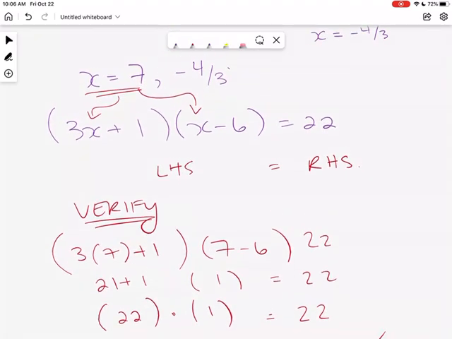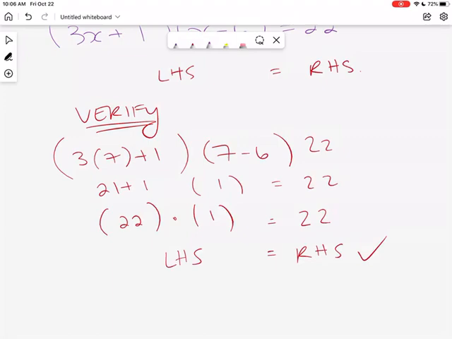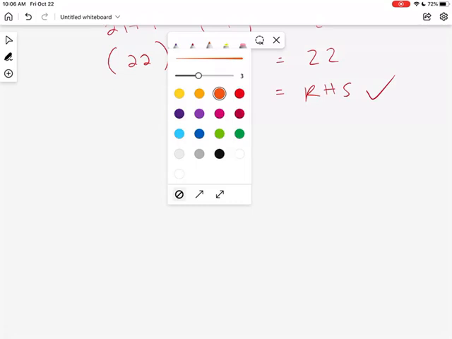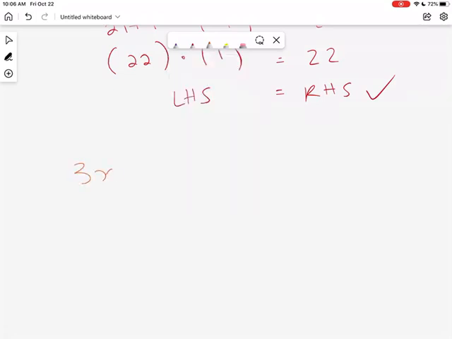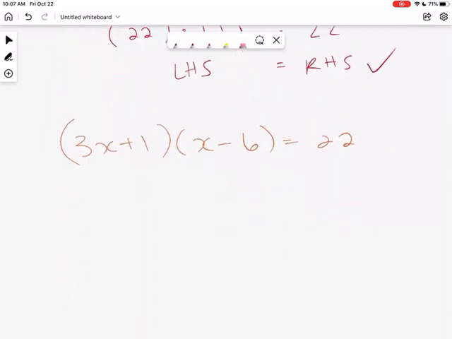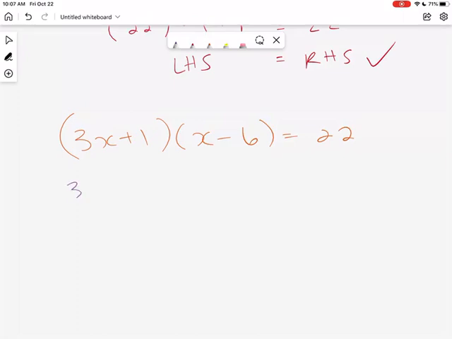I can do the same thing with negative 4/3. So let's plug in negative 4/3 into our equation. So I have 3x plus 1 times x minus 6. So now when I plug in negative 4/3, 3 times negative 4/3 plus 1. Okay, I'm going to multiply this with negative 4/3 minus 6.